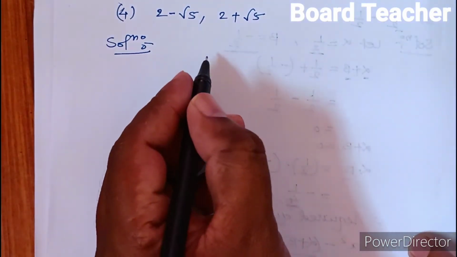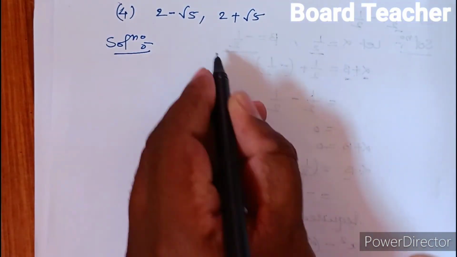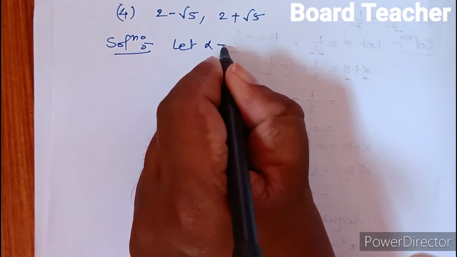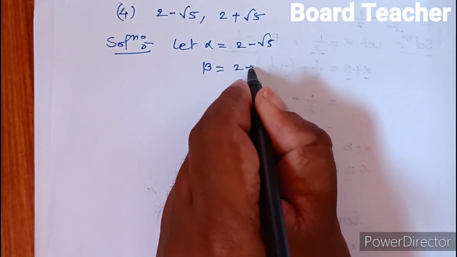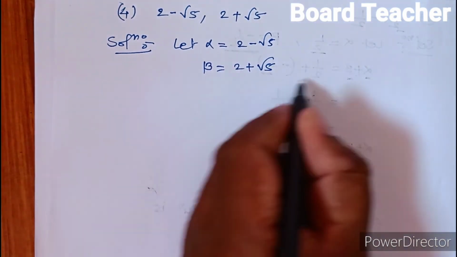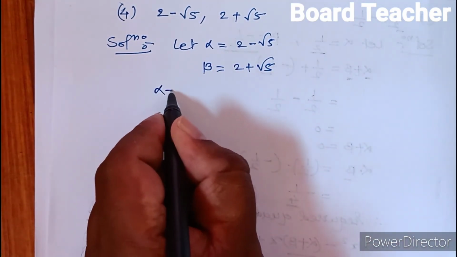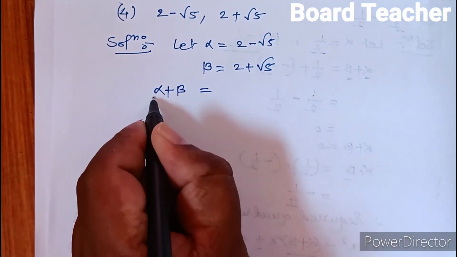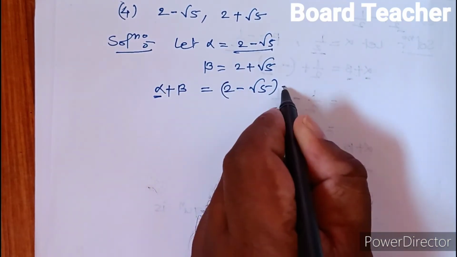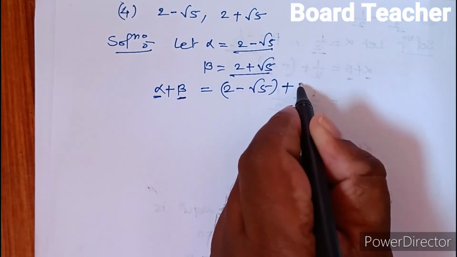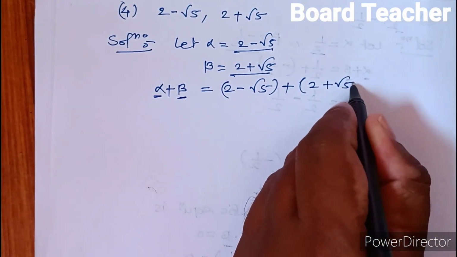Next question is 2 minus root 5, 2 plus root 5. Here let alpha equal 2 minus root 5 and beta equal 2 plus root 5. First find the sum of the roots: alpha plus beta equals 2 minus root 5 plus 2 plus root 5.